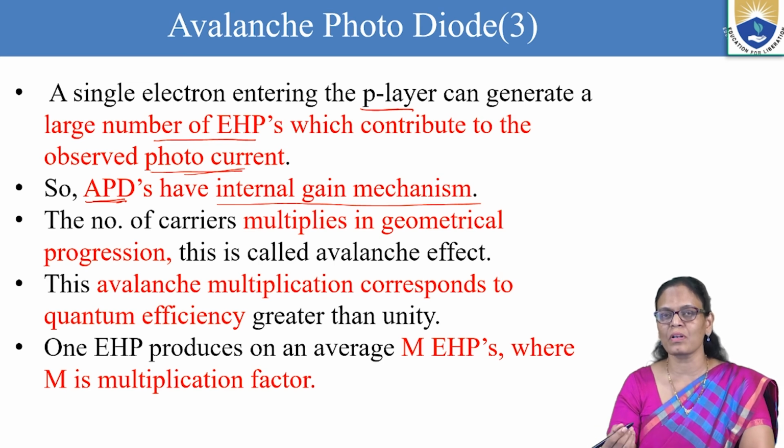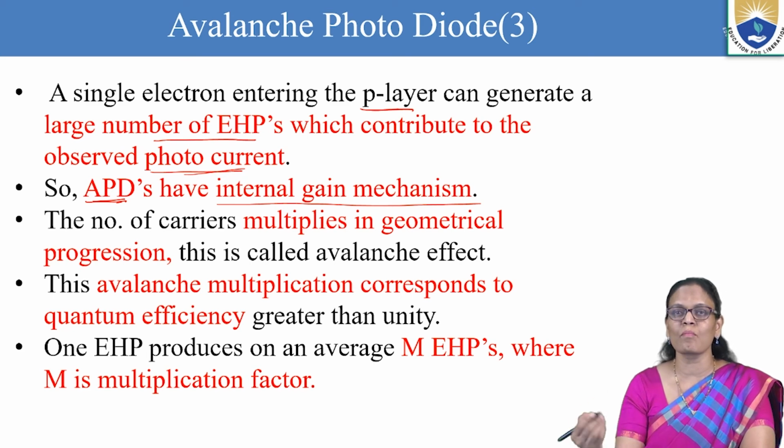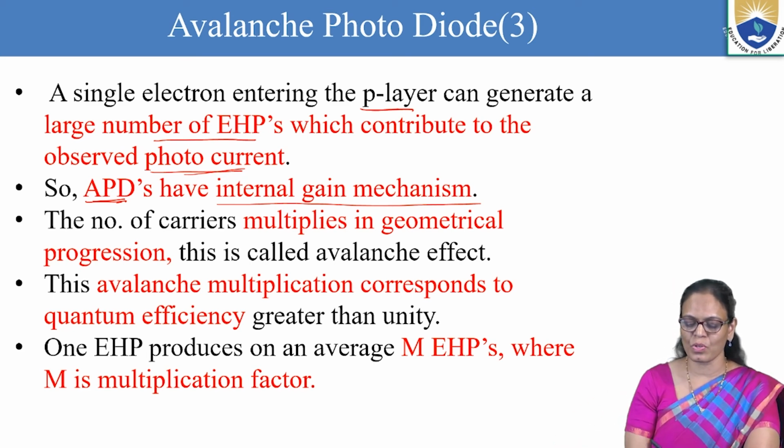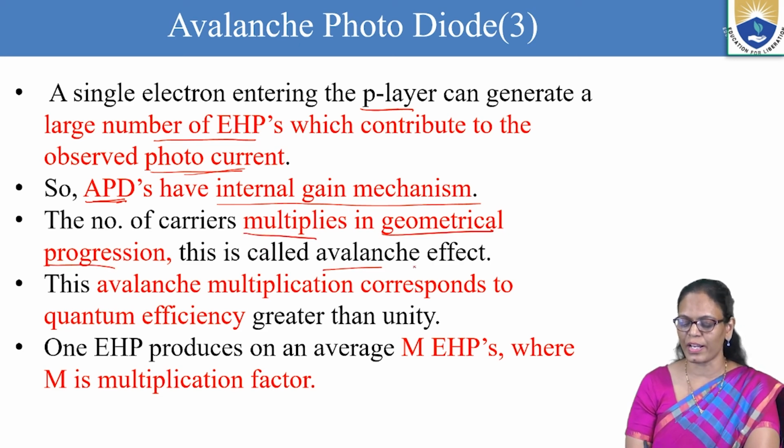The electrons that have gained sufficient energy create electron hole pairs, and these electrons in turn collide with other atoms and create more and more electron hole pairs. So the number of charge carriers gets multiplied in geometrical progression, and this is called the avalanche effect.